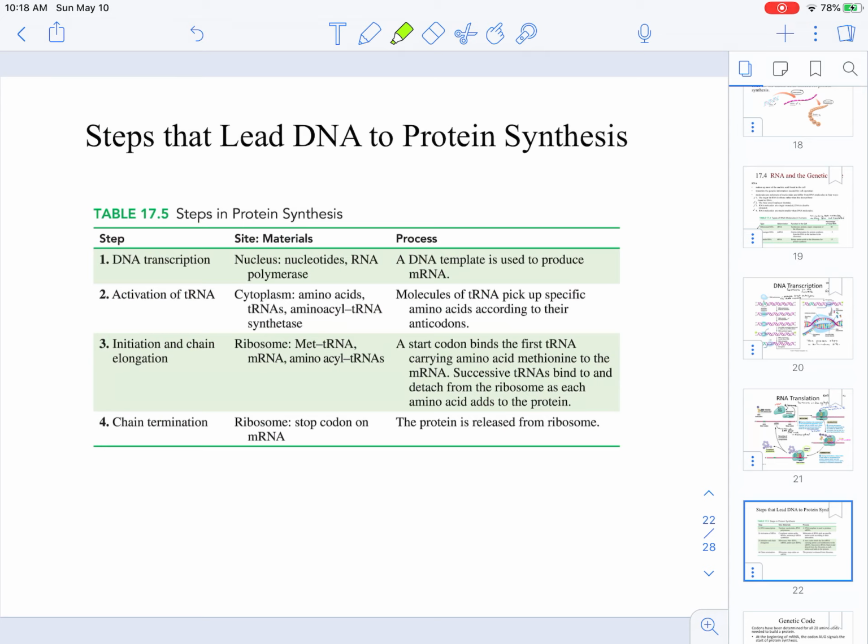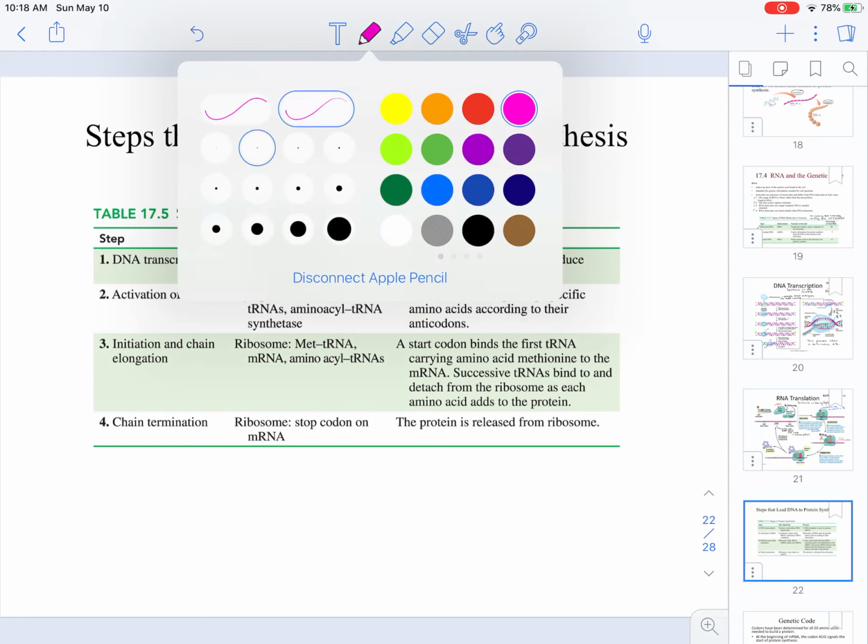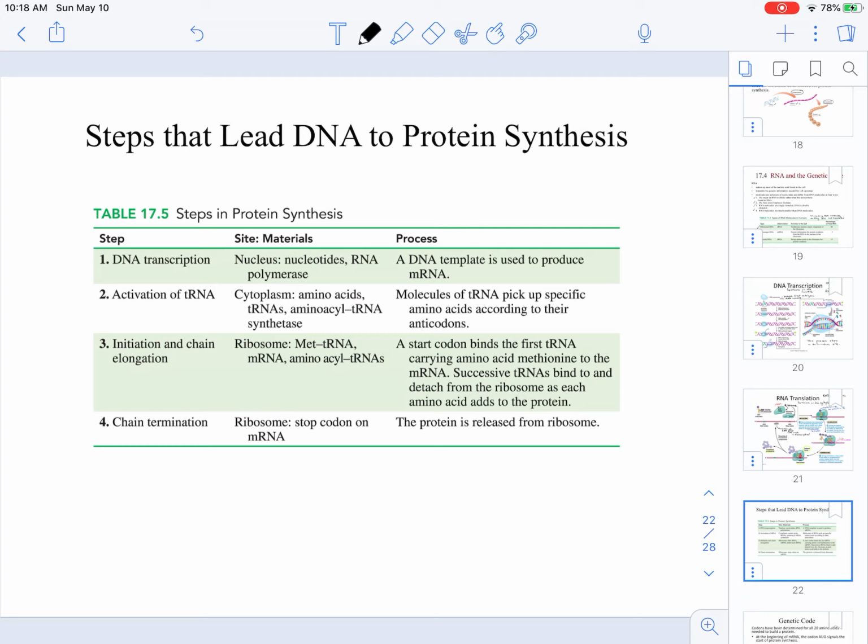So understand that the steps in protein synthesis are all outlined in table 17.5. So as you can see, the steps that you guys need to remember is that first we have DNA transcription occurring. Then the tRNA, which is what brings the amino acids to the molecule, is going to be activated.